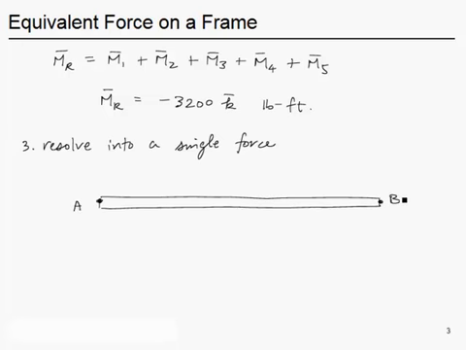There is point B. And we know that this equivalent force has to have a magnitude of minus 200 in the i and minus 900 in the j, because that's what we solved for in step 2. So let me pick a point here to illustrate that, and I'm going to do this in blue.